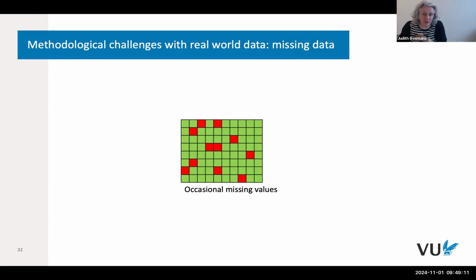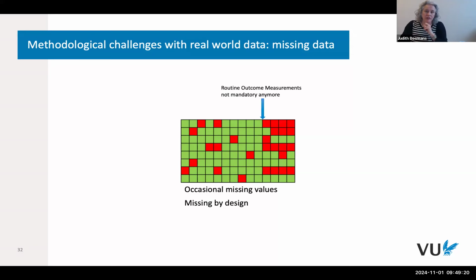The second problem that you often encounter within real world data is that there are missing values. These can be occasional missing values, but it can also be that the values are missing by design. For example, in the Netherlands, I already said we used mental health care data. And in the Netherlands, we have something that we call routine outcome measurements. At set points in time, the condition, the well-being of the patient is being measured.